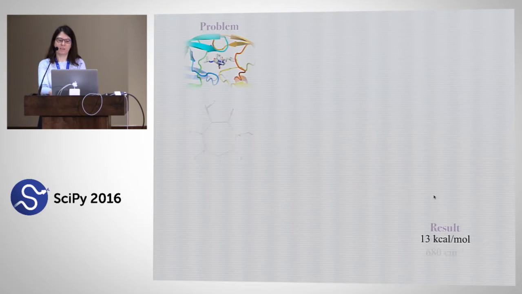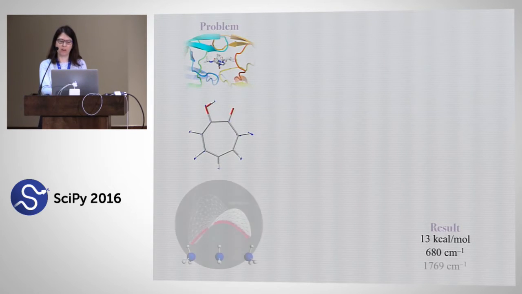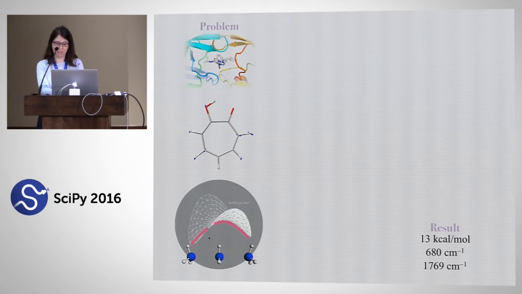Or what is the resistance to a ring breathing motion like this? Or what is the energetic barrier to nitrogen inversion? And here I have to thank the organizers for providing me with a ready-made graphic. So all of these are questions that can be answered through quantum chemistry.